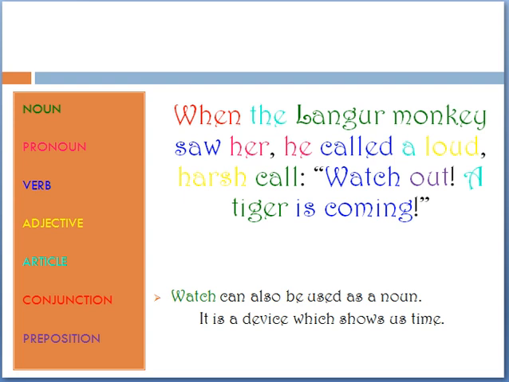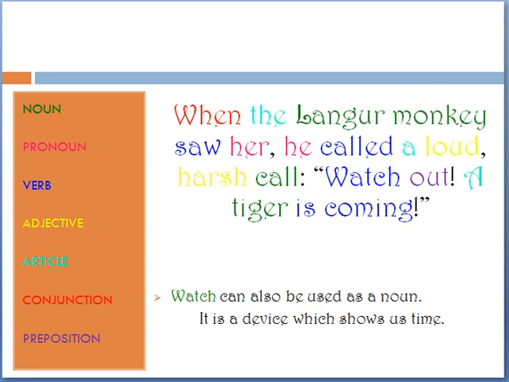Loud harsh call. Now notice students that both these words loud and harsh are written in yellow color. That means both the words are adjectives. Adjective is that part of speech which describes the noun. So here which noun is being described by these two adjectives? It is call.